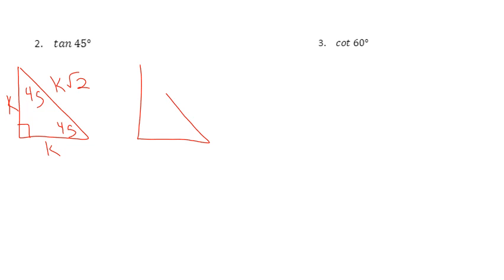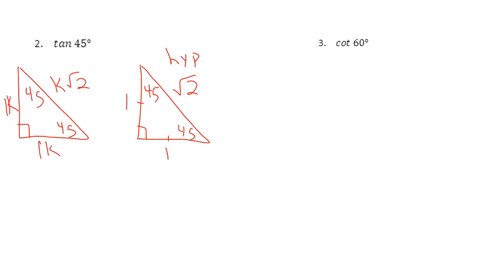For the next two, they're kind of the same concept. So with the 45, 45, 90, because this is tangent of 45, I had it as k root 2. If you don't want to write the k's and just want to write the coefficients in front, you can do that. Like we saw in the last example, both will get you the same exact answer.